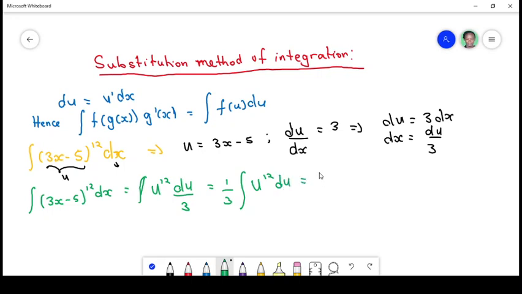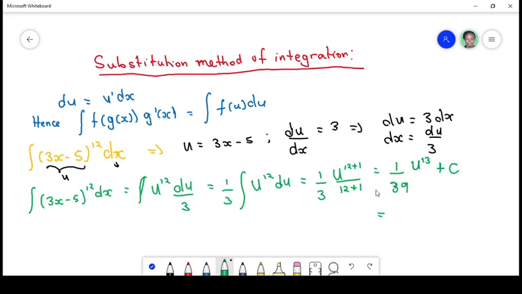If we integrate this, we get u to the power 12 plus 1 divided by 12 plus 1, so this is 13 times 3, which is 1 over 39. So 1 over 39 u to the power 13 plus a constant c.